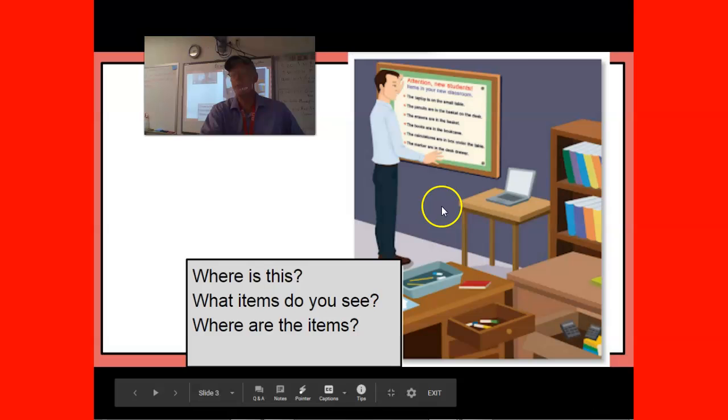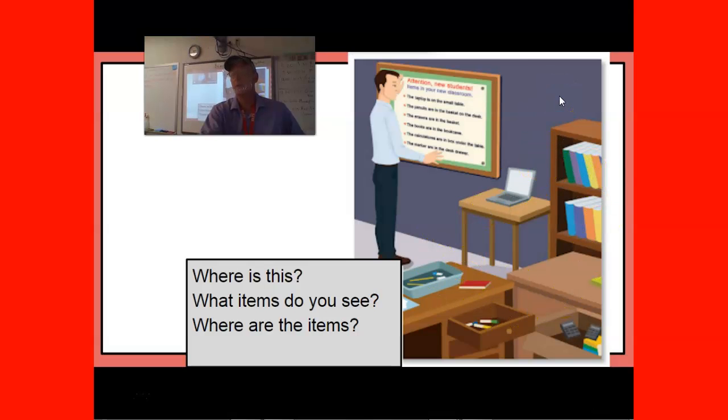Yeah, where do you think this is in the picture? Where? So, do you think this is at the zoo? Or what location is this? When you see the picture, what does it look like?